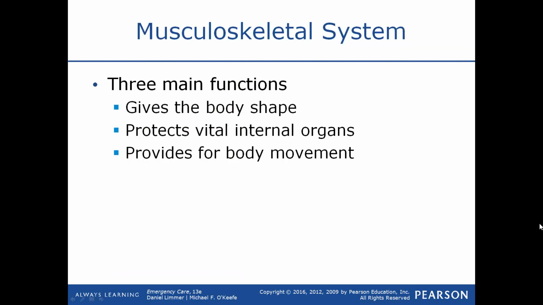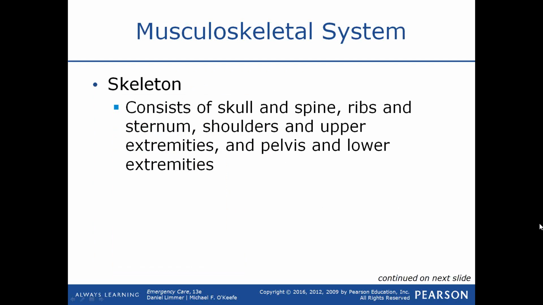So we're going to start right in with the musculoskeletal system as part of our anatomy. By virtue of the word, we're referring to the muscles and the bones. The muscles and the bones have three main functions. They give your body shape, they protect your vital internal organs, and muscles provide movement of the body.